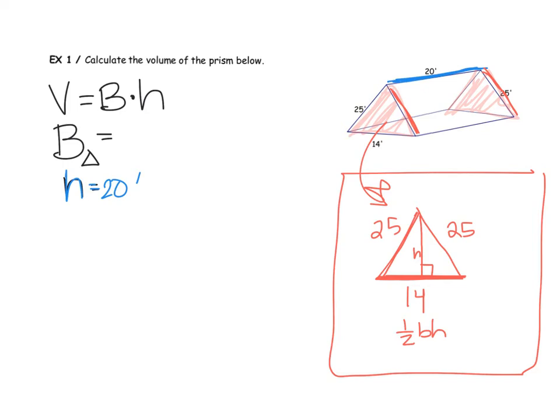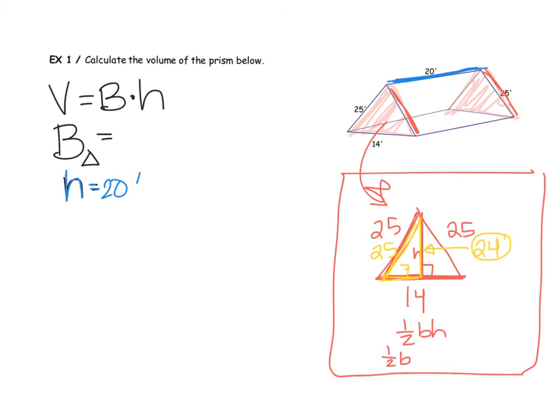So I have a 14 for the base and I need to find the height. But you'll notice that I created a right triangle here. So in this right triangle, I have a hypotenuse of 25. I have a leg of 7. And if you remember your triples from earlier in this year, that means that 7 squared plus 24 squared equals 25 squared.